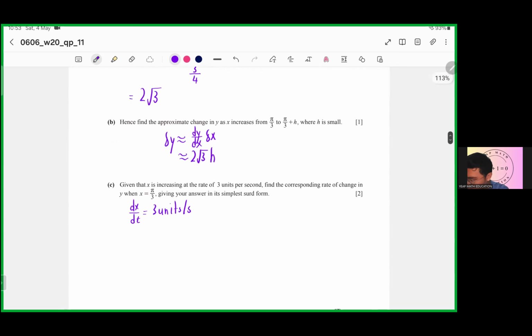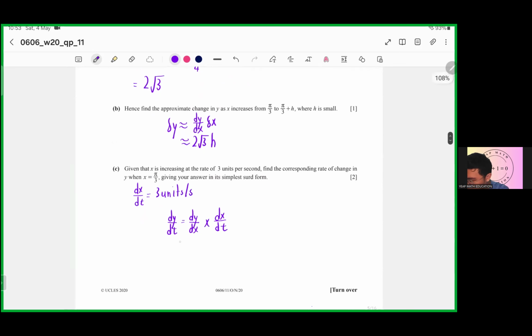So now we need to find dy dt equals dy dx multiply dx over dt. So you can take 2 root 3 multiply 3, so you get 6 root 3 units per second.